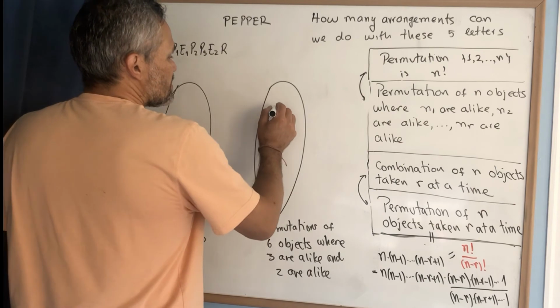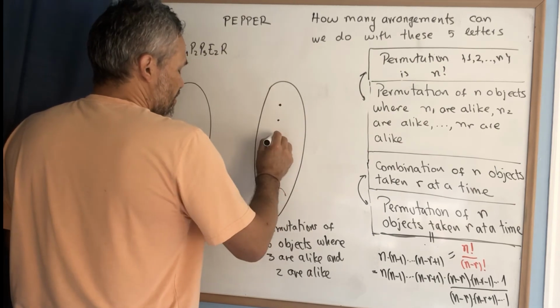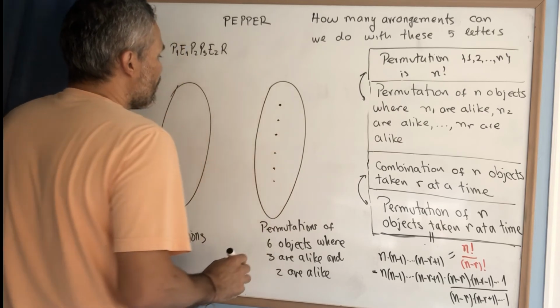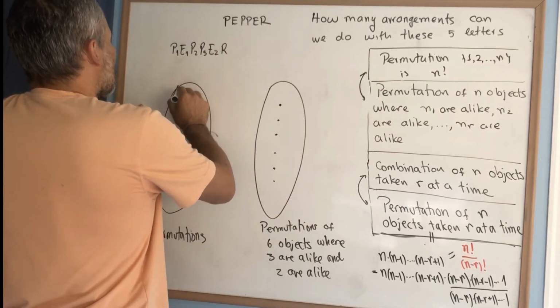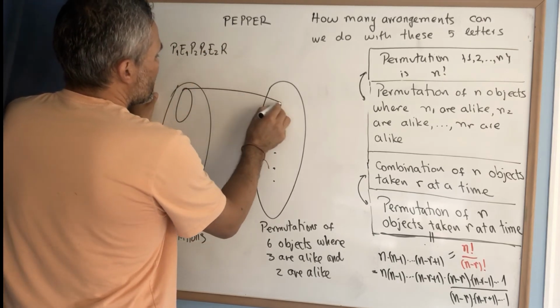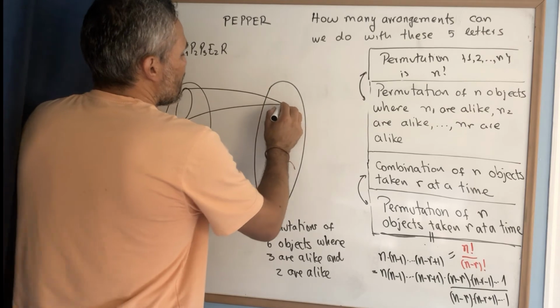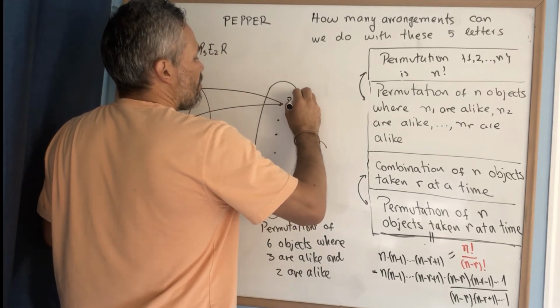But then let's suppose that here we have these elements. And we know that there are some permutations of this that go into there. For example, here we have the starting word pepper.